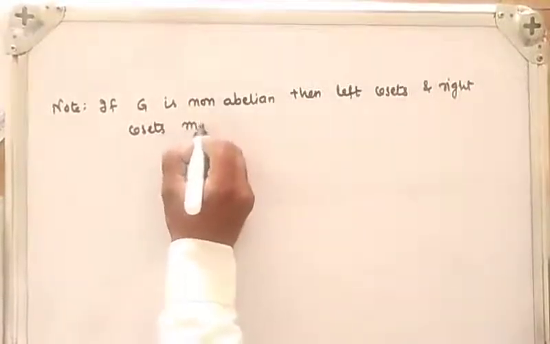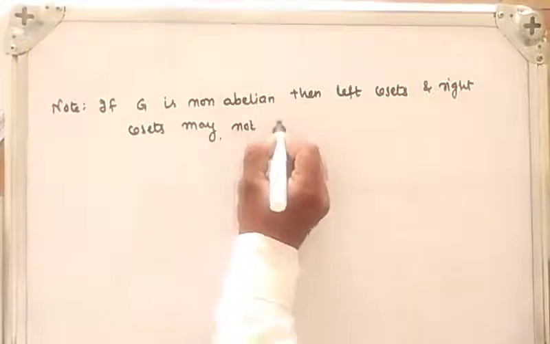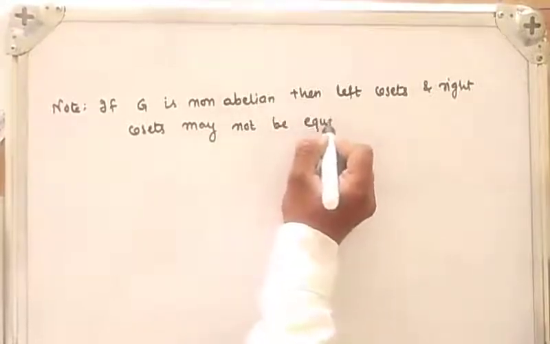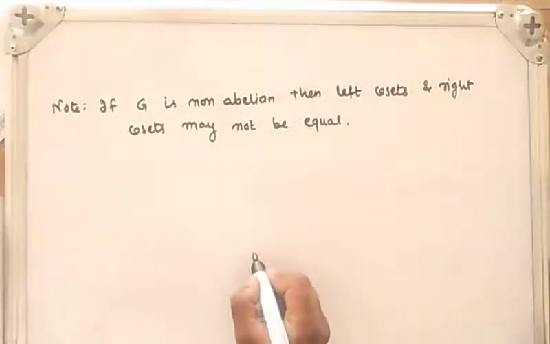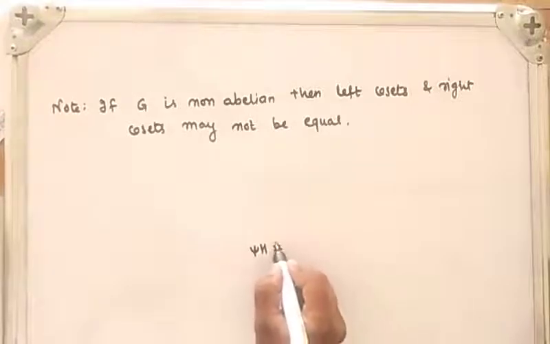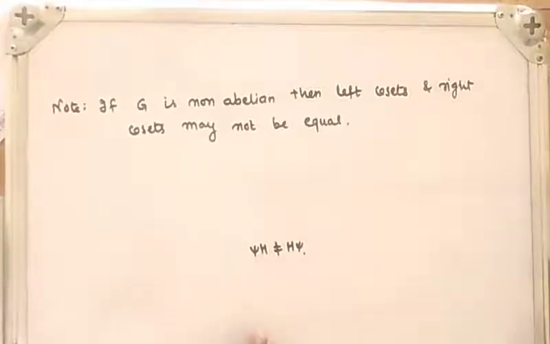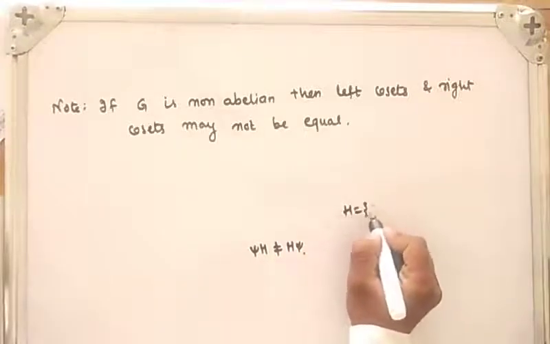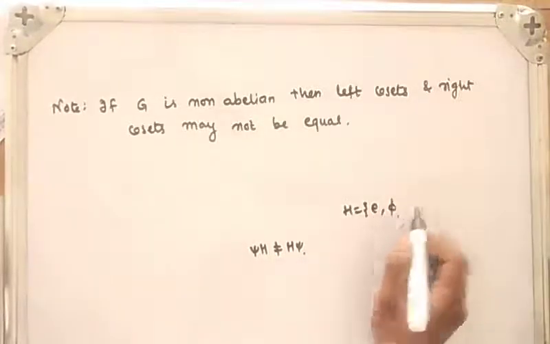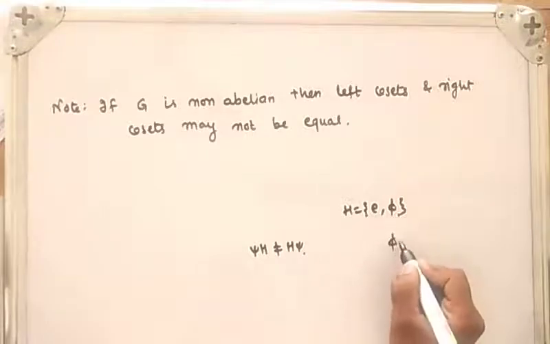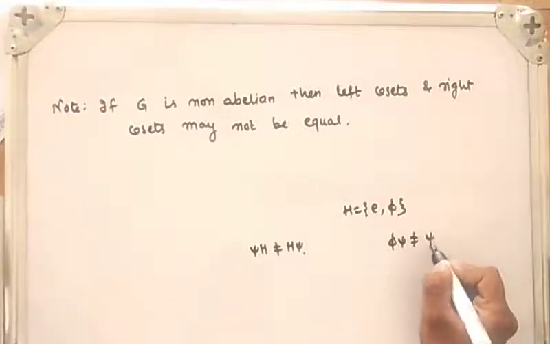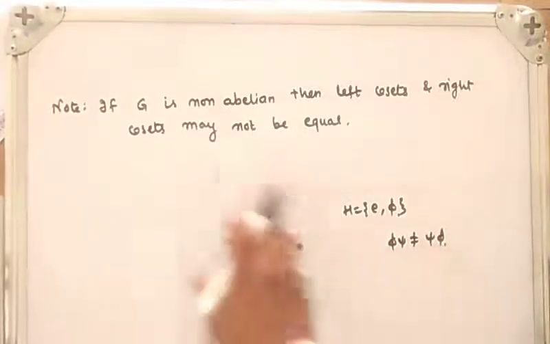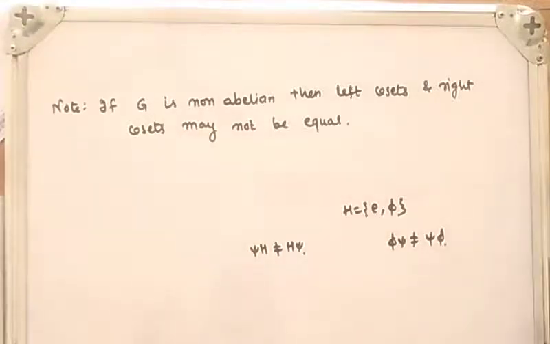Here we have seen in the previous example that psi H is not the same as H psi. So both are unequal because H has elements identity and phi, right? So phi psi is not the same as psi phi. That's why if the group is non-abelian, then left coset and right coset are different. Okay, we will stop here.